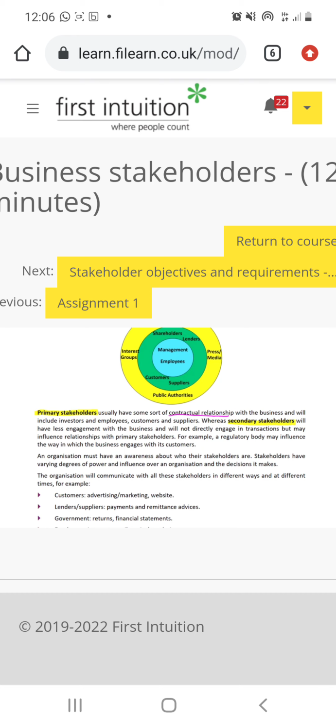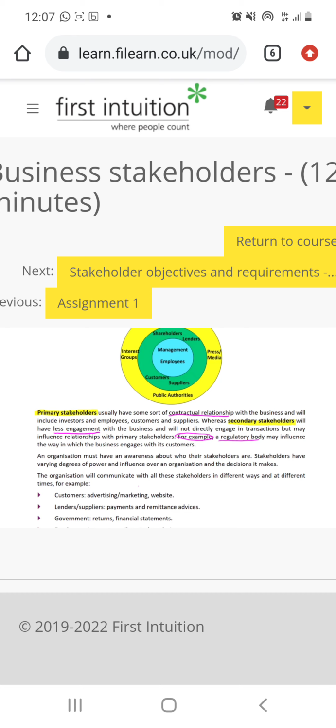Our secondary stakeholders will have less engagement with the business and will not directly engage in transactions, but may still influence the relationships with the primary stakeholders. We have an example on the page here. For example, a regulatory body may influence the way in which a business engages with its customers.